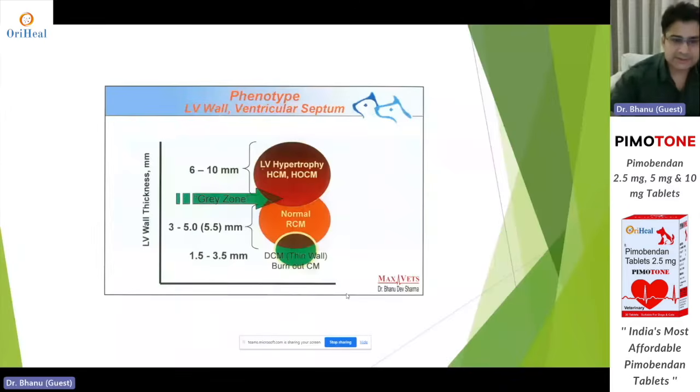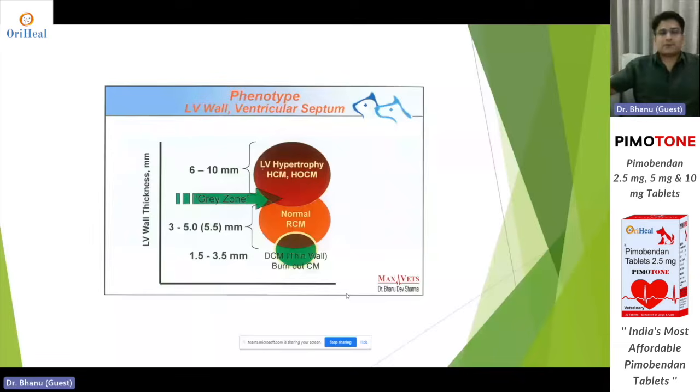As I mentioned, a 6 to 10 mm thickness of the left ventricle will be confirmatory for HCM or HOCM. HOCM is the short form of hypertrophic obstructive cardiomyopathy.